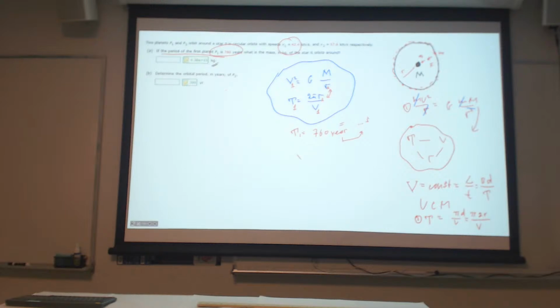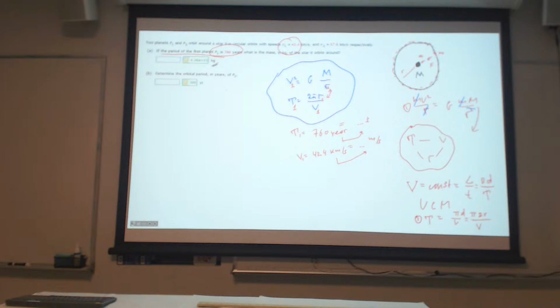Now, speed number 1 is given in kilometers per second. Is kilometers per second a good unit? No, we could change it to meters per second. So you see, this is exactly what you should do now. Okay, got it.